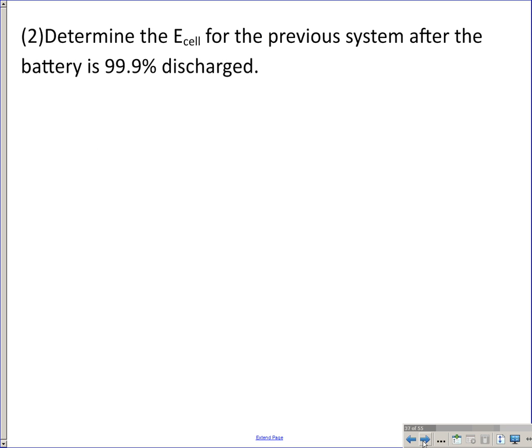All right, next reaction. Determine the E cell for the previous system if the battery is 99.9% discharged. So this battery is almost dead. We've almost used up all of the reactants, right? So in the previous example, we had zinc plus copper 2 equilibrates to zinc 2 plus copper.